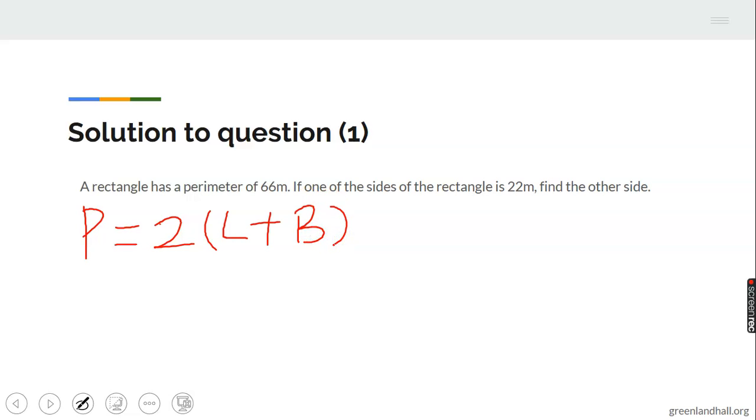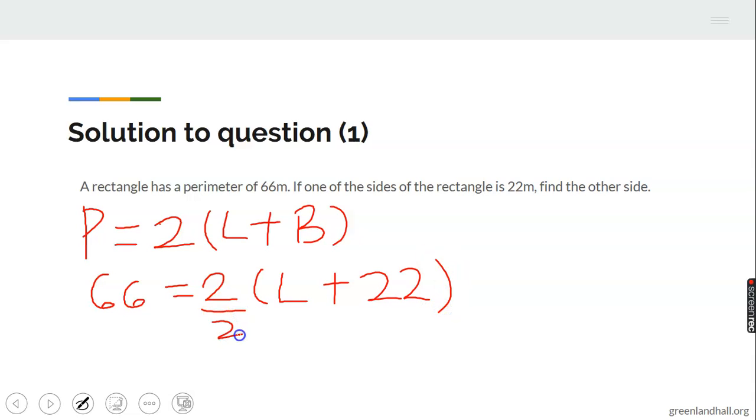Now, what is your perimeter? Your perimeter is 66 meters, equals 2 into, now if one of the sides of the rectangle is 22 meters, find the other side. We don't know whether it's the length or the breadth, but let's assume that the length is what we are looking for, then the breadth is 22. Either you open the bracket with 2 or you firstly divide both sides by 2.